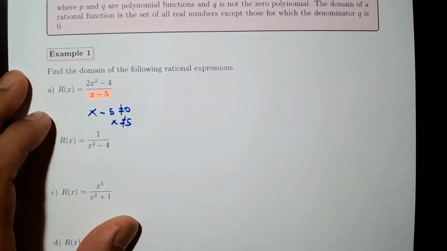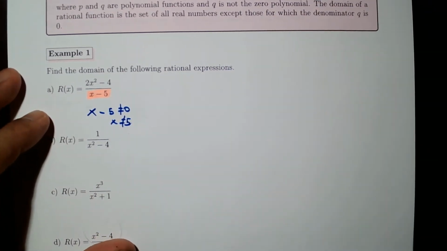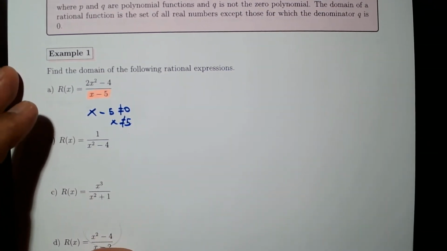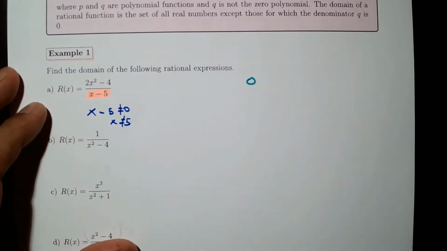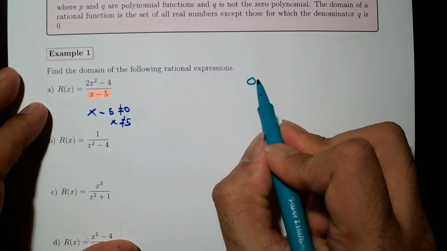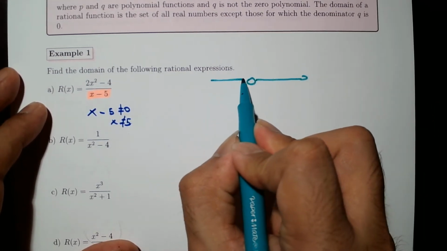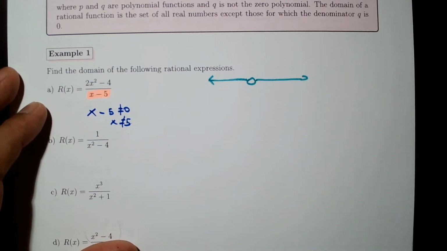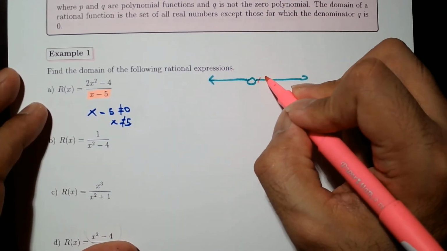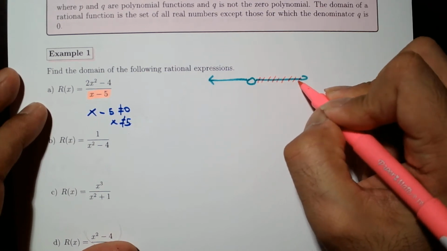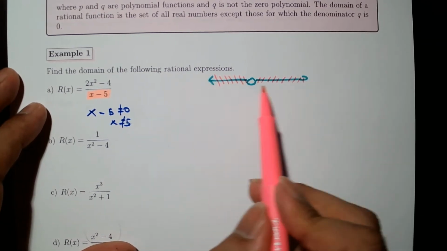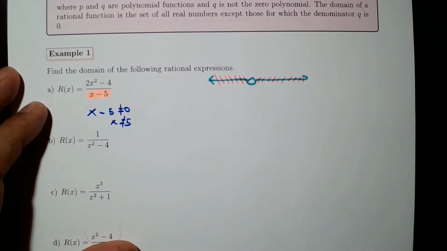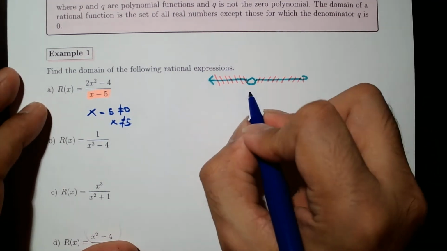So let's write this using interval notation. I cannot take the number 5, so I'm going to have an open circle at 5. I'm going to use this to help us find the domain using interval notation. The function will be good at all the places I'm shading, except at 5.